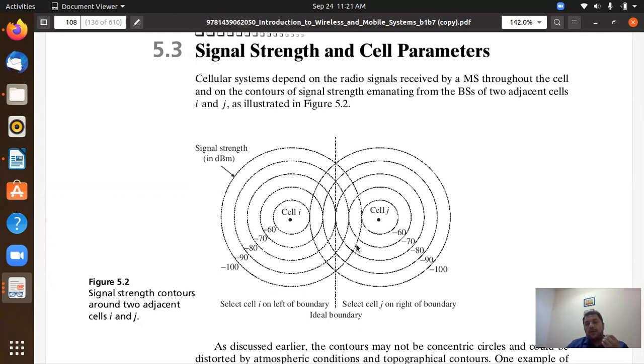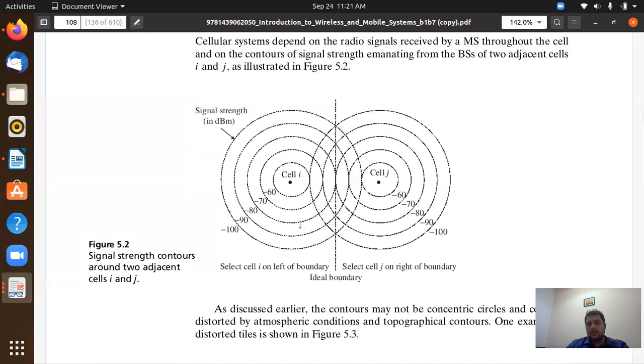So where the mobile user would linger on, would start communicating with, that's the thing which needs to be solved. So here we will understand handover through this. So this is the idealized behavior of the signals.